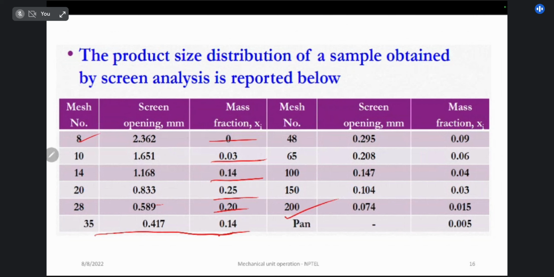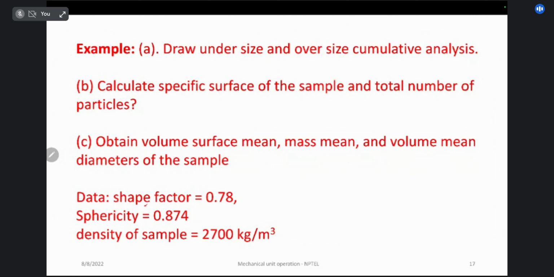What you need to find first is to draw the undersize and oversize cumulative analysis. As we discussed, the material which passes through the screen is known as undersize, and what is retained on the screen is known as oversize. Then you need to calculate the specific surface of the sample and the total number of particles.